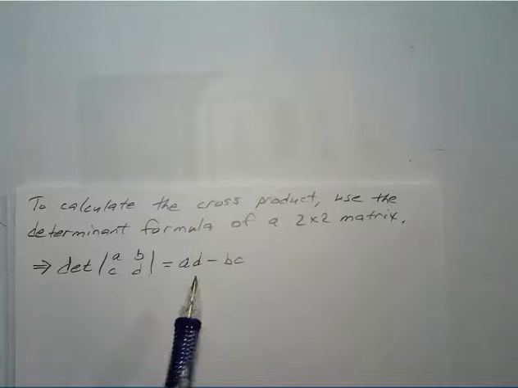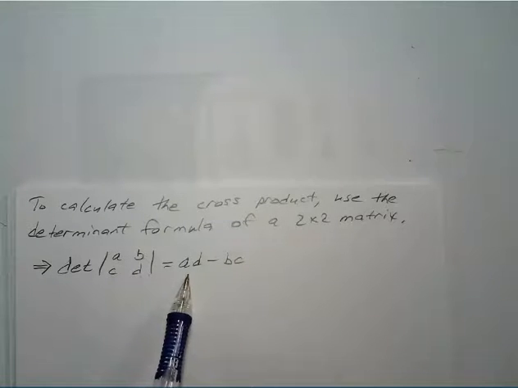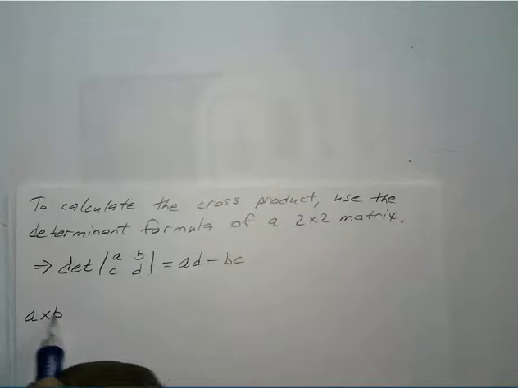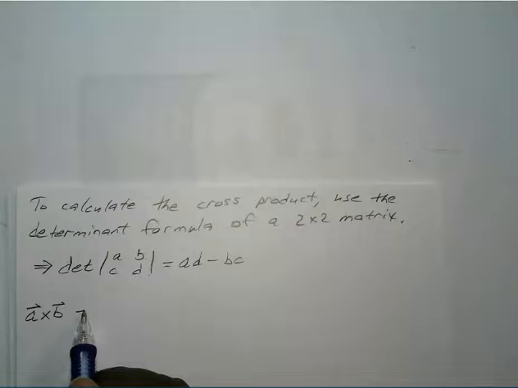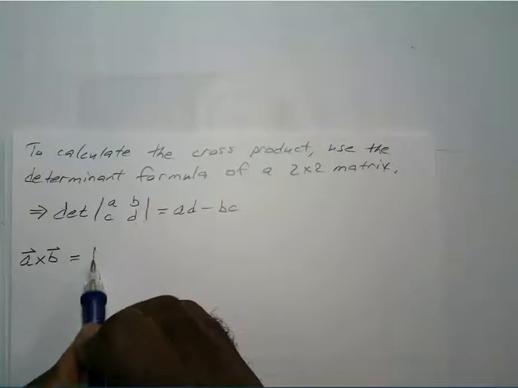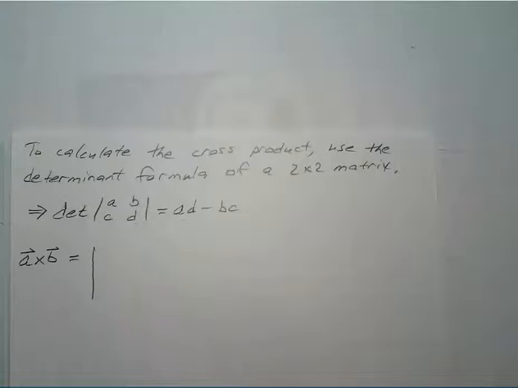We're going to use this technique to calculate our formula. The cross product of A and B is equal to, the first thing we're going to do is draw three 3x3 matrices.